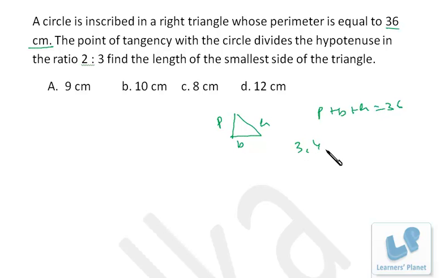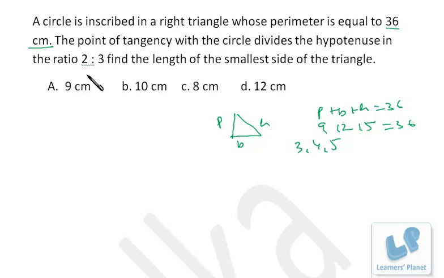Let's check. The sum is 12 and we are getting the sum 36. So multiples of 3, 4, 5 will also be Pythagorean triplets. So if I take 3 times of each, that is 9, 12 and 15. Right? This sum is 36 and these 3 are the lengths of this right angle triangle, right?